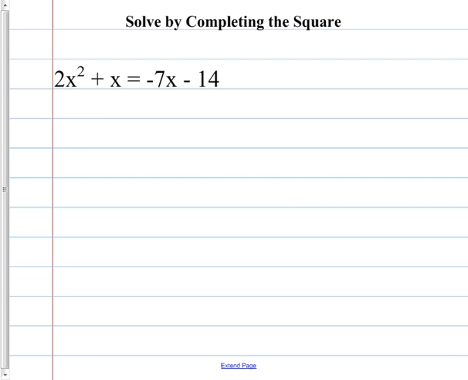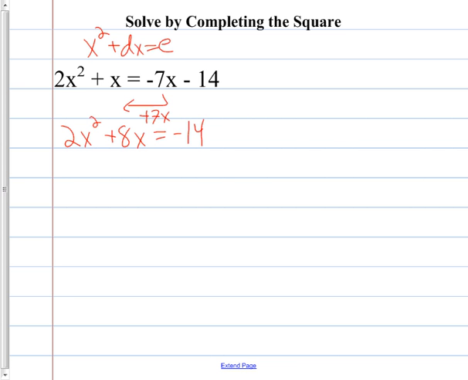All right, let's look at one more example. All right, so I need to manipulate it to the form x squared plus dx equals e. So the first thing I want to do is get all our x's on one side. So let's add 7x to both sides. So that's 2x squared plus 8x equals negative 14. Okay.